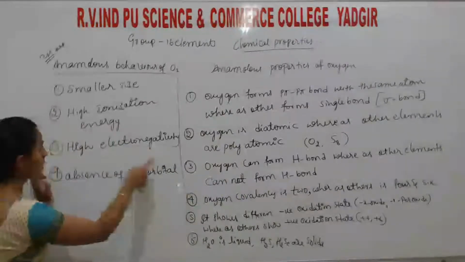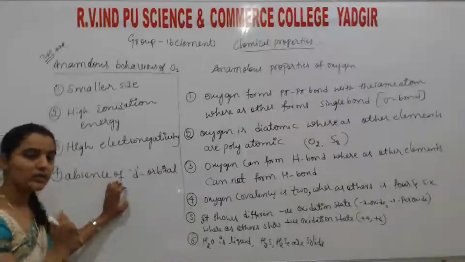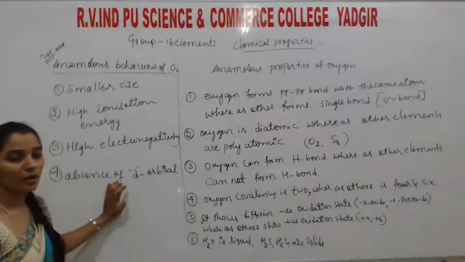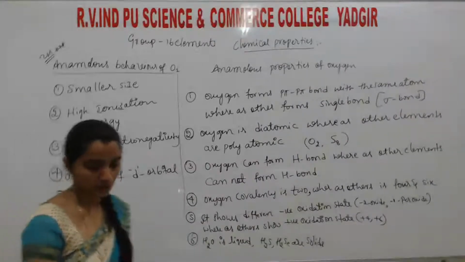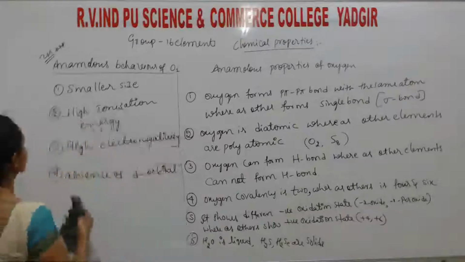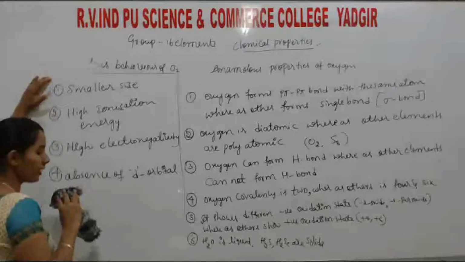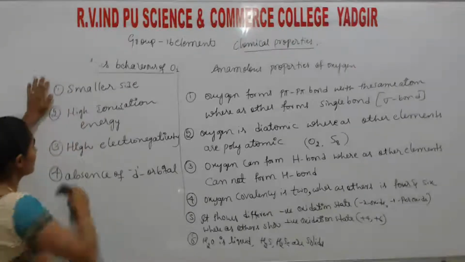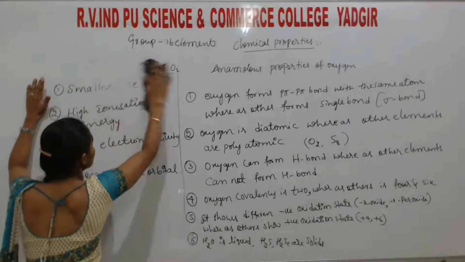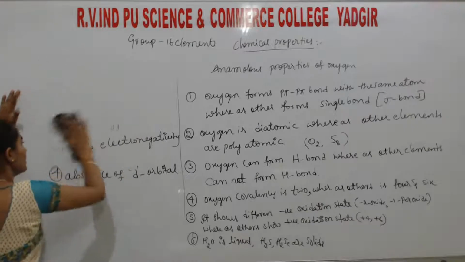Any 4 properties and any 4 reasons are very important for both anomalous behavior as well as anomalous property. Understood? This anomalous behavior is the same for everything. For nitrogen also it is the same: small size, high ionization energy, high electronegativity, and absence of d-orbitals.